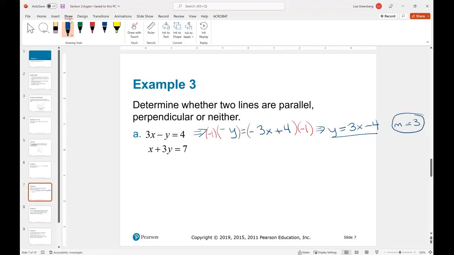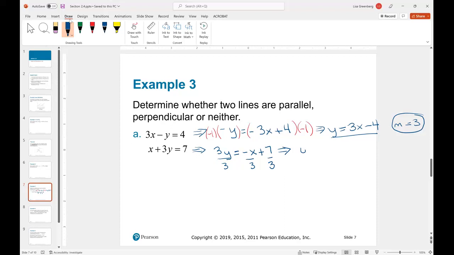Let's do it for the next one. So we have, I'm going to subtract x from both sides. That gives me 3y equals -x plus 7. And then I'm going to divide everything by 3.